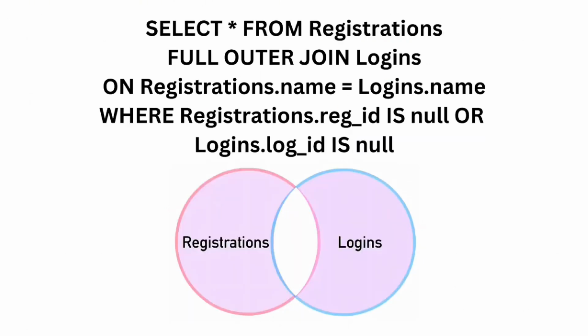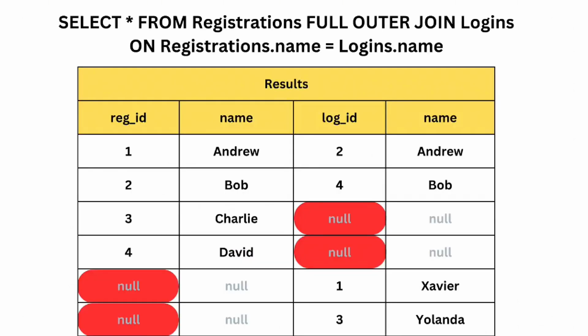So what does this actually look like in our example? We'll say something like select everything from registrations, a full outer join on logins, on registrations.name equal to logins.name, and then we can specify where registrations dot registration ID is null or where logins dot login ID is null. So let me show you how this would actually work.